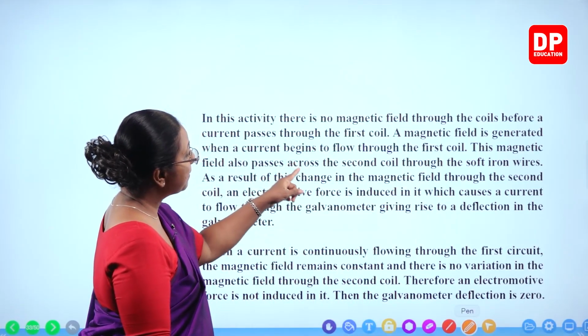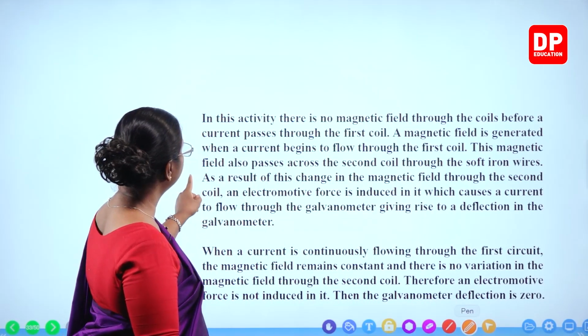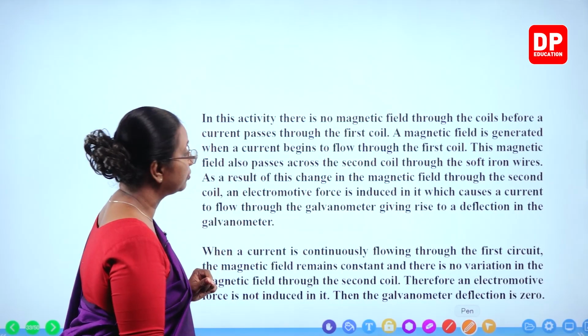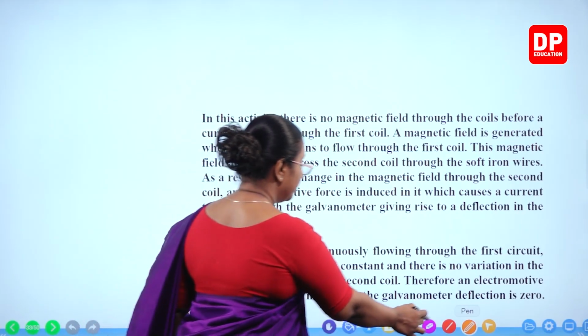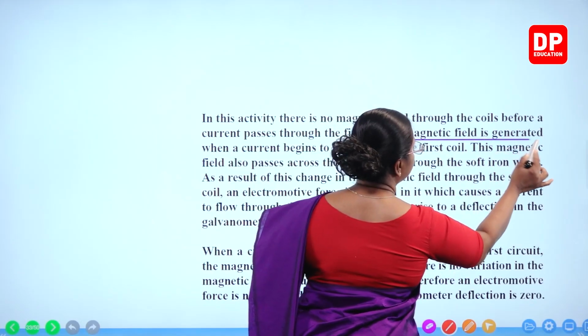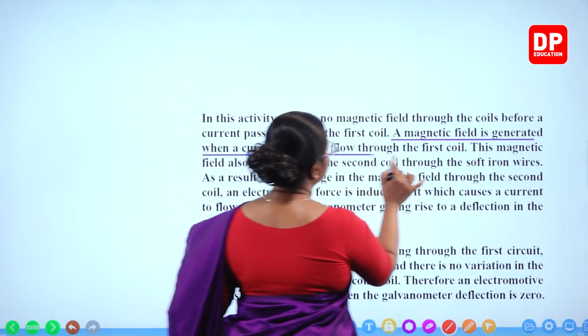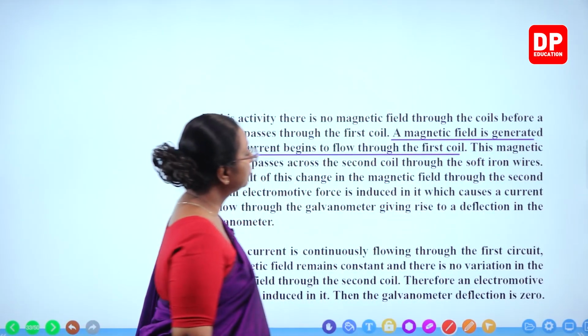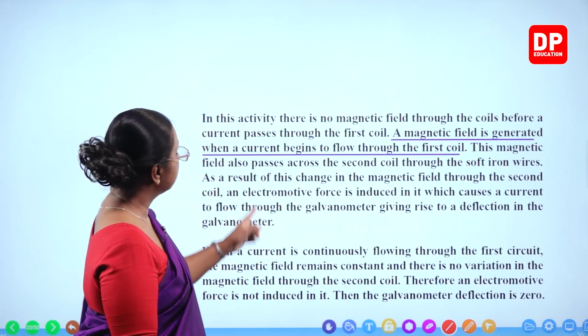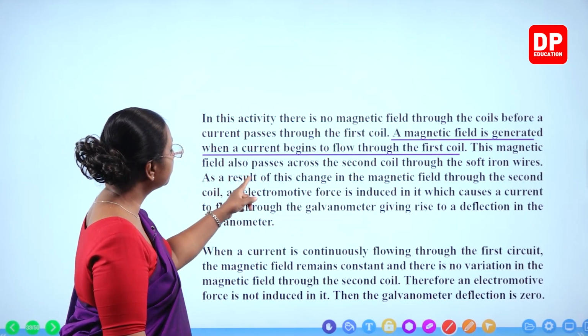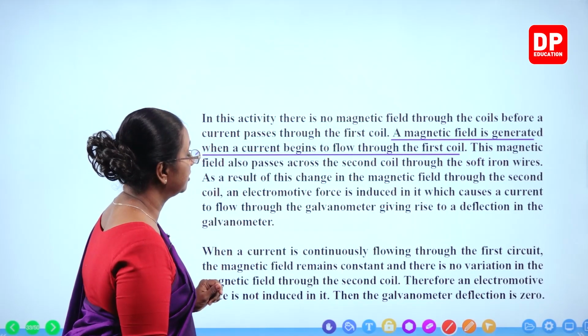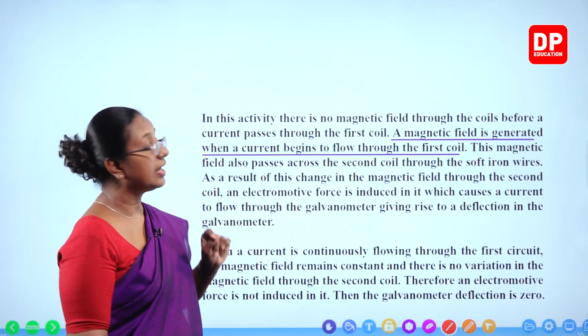What happens? A magnetic field is generated when a current begins to flow through the first coil. So that is important. This magnetic field also passes across the second coil through the soft iron wires.